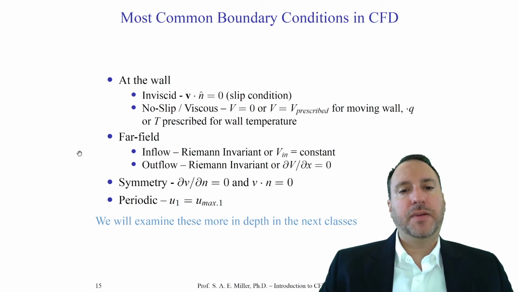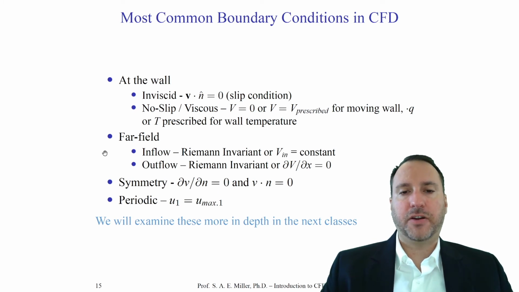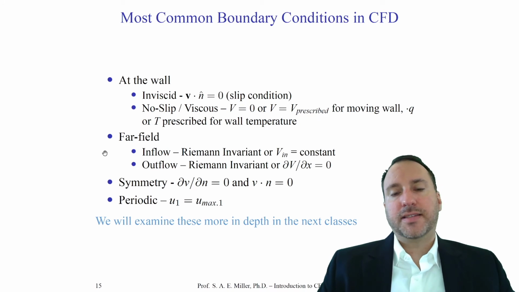Another set might be at the edges of the domain where fluid is moving in or out. Two of the most popular are called the so-called inflow and outflow Riemann invariant boundary conditions. Or we might set a velocity to be constant at an inflow. At the outflow condition, we might set the derivative of velocity equal to 0. Or we could set a static pressure.